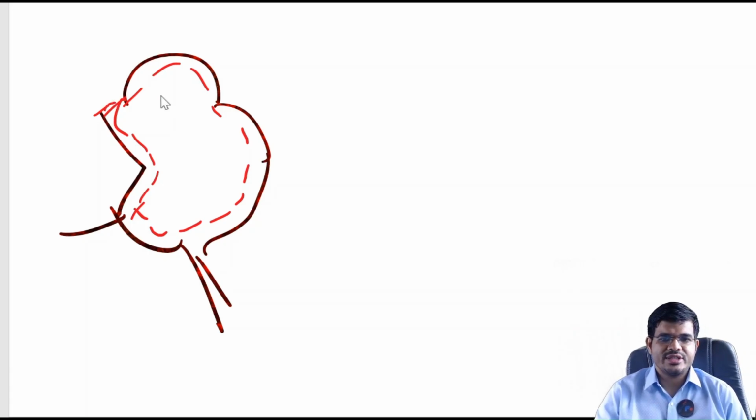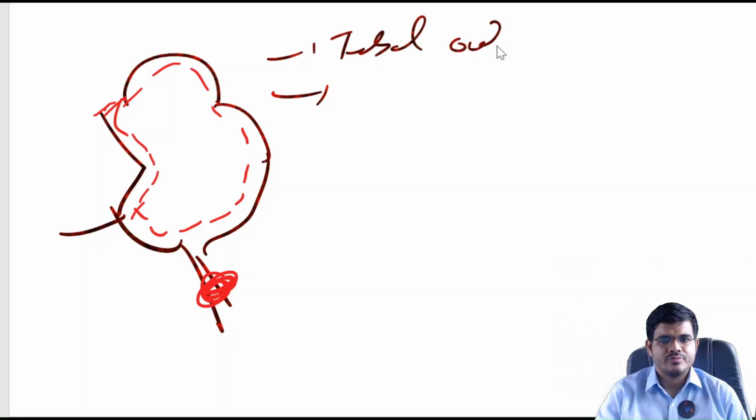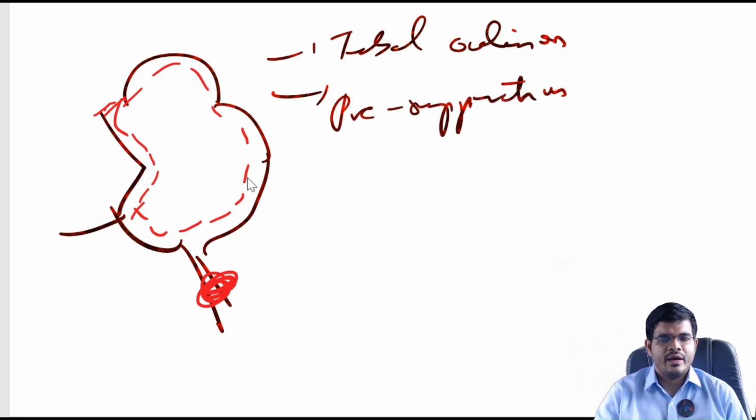Okay, the first stage is the stage of tubal occlusion, and that is followed by stage of pre-suppuration when there is hyperemia occurring. First, you have the stage of tubal occlusion, then you have the stage of pre-suppuration where you have hyperemia occurring, and then you have stage of suppuration.